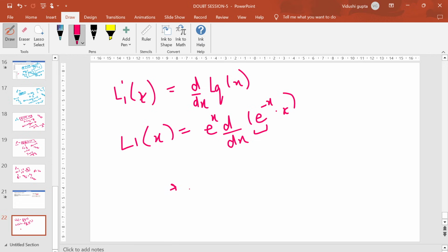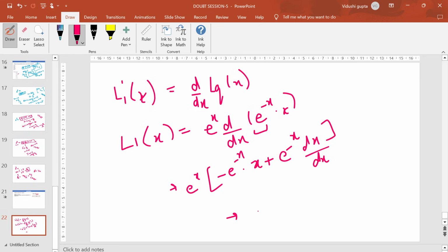So it will be e^x. The differentiation of e^-x is minus e^-x. And the second term is x, so it is as it is, plus the first term as it is. And what is the differentiation of x? dx by dx, which is 1.